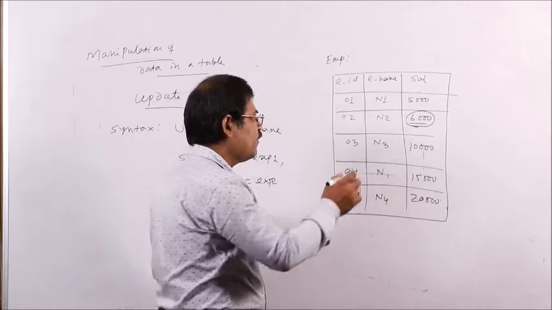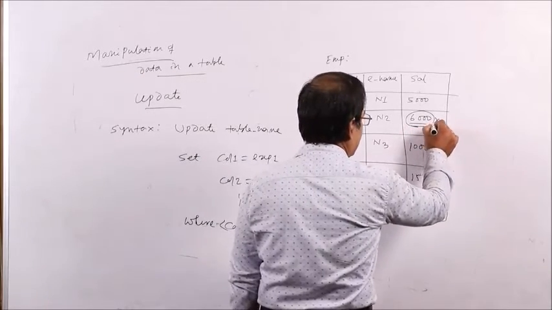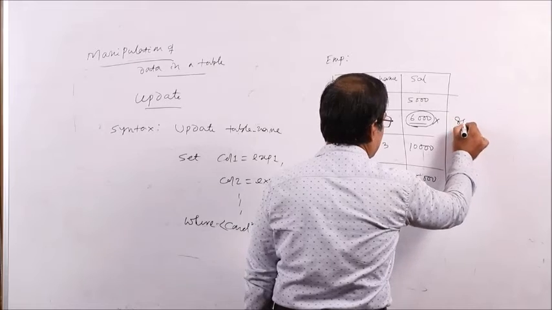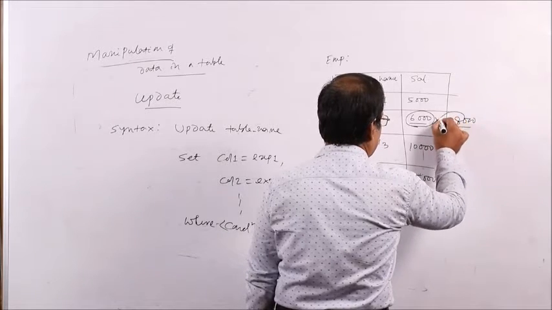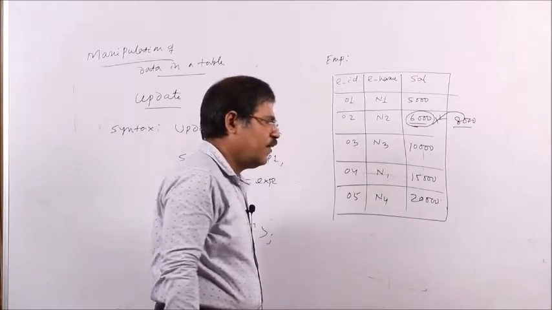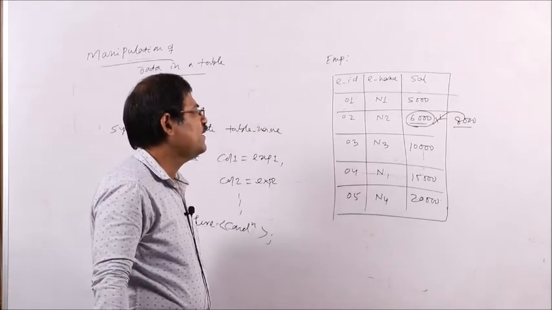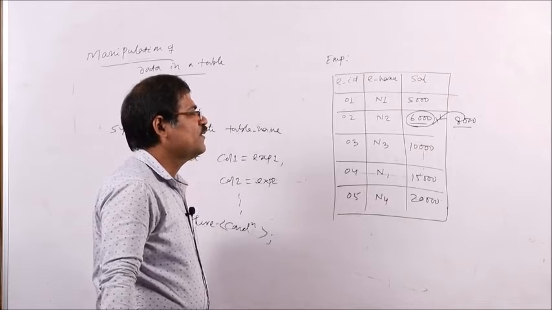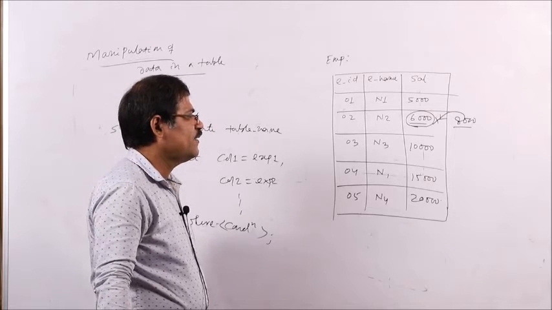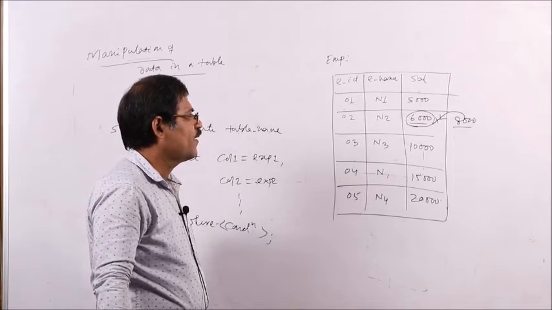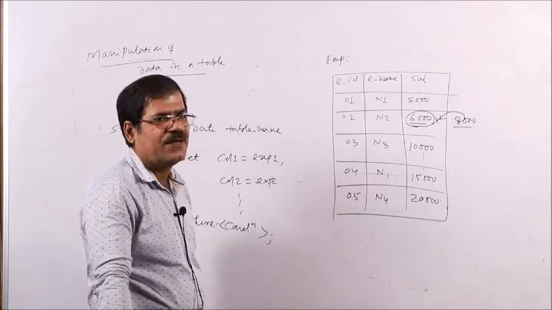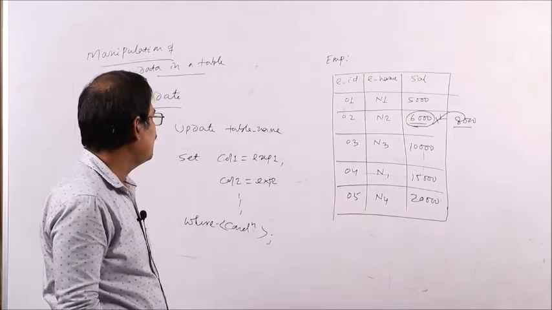So, I want to write the update value, let it be 8,000. So, this update value you can write here, that is the salary of employee 2. Employee 2, whose name is N2, has the salary 6,000, which will be changed to 8,000. I want to update this value.